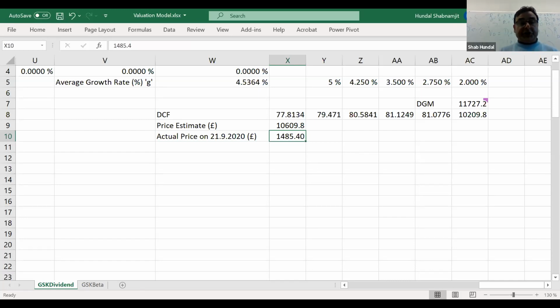If you want, I can show you. Yesterday, when I was checking the prices of GlaxoSmithKline, today it is 1477, and yesterday it was about 1485.